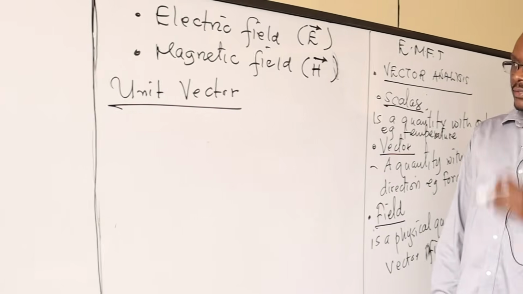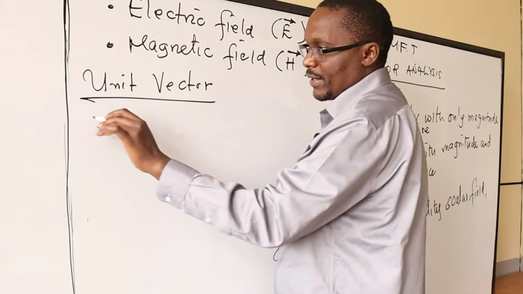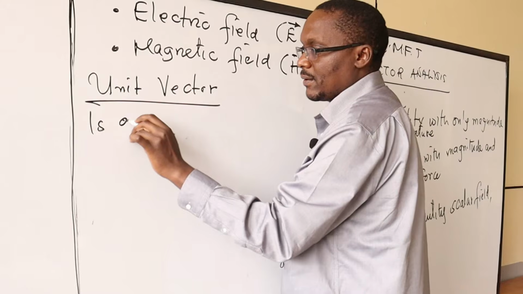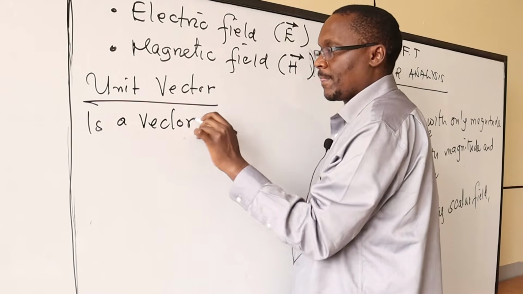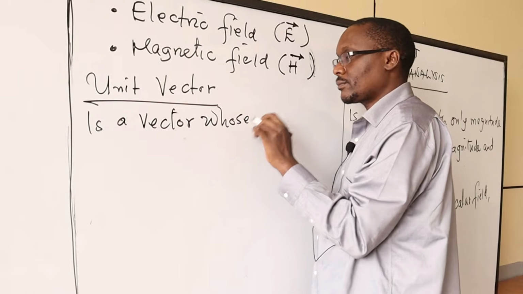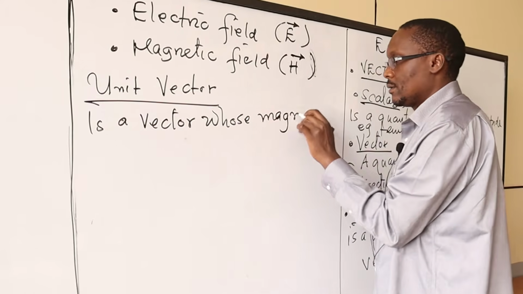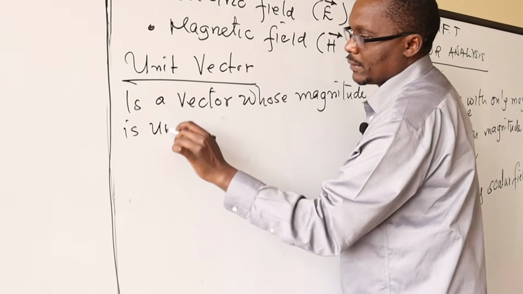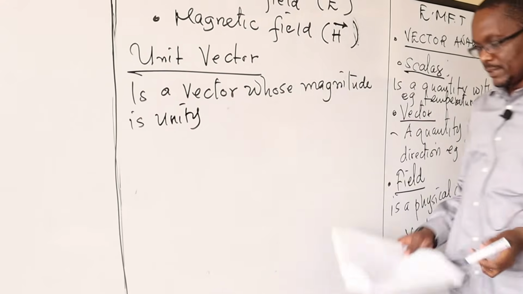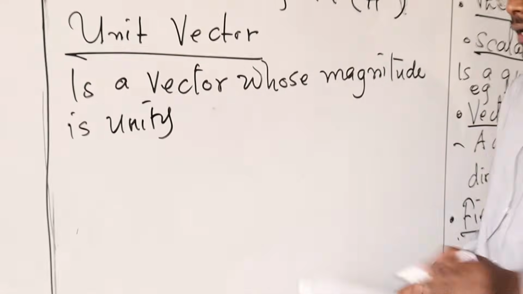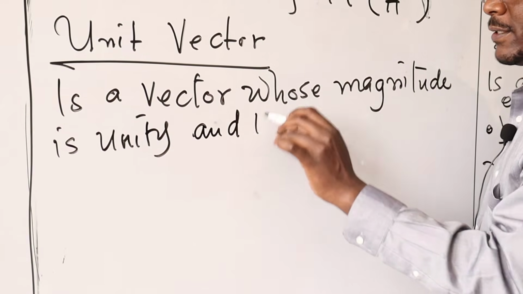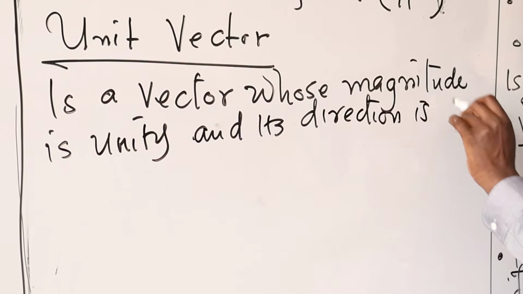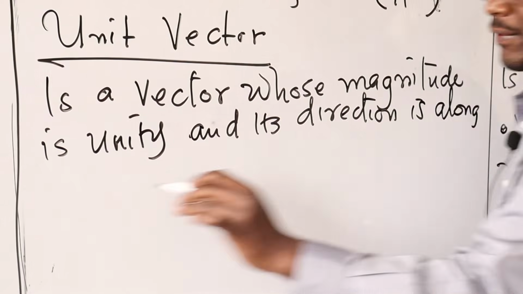A unit vector is a vector whose magnitude is unity, and its direction is along the vector.